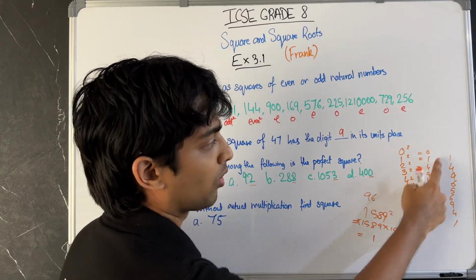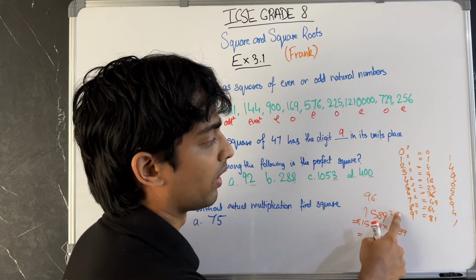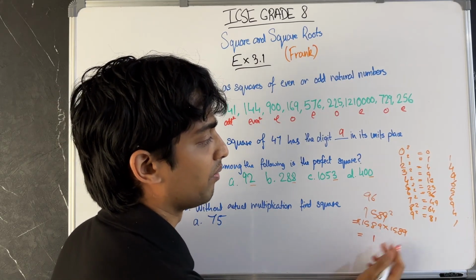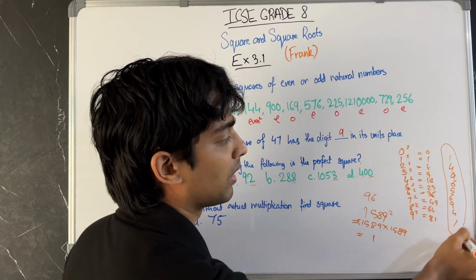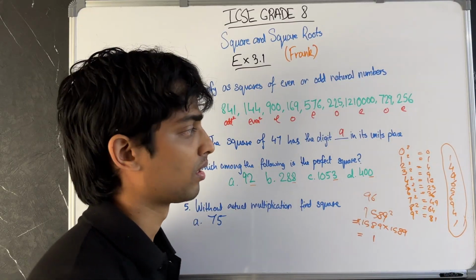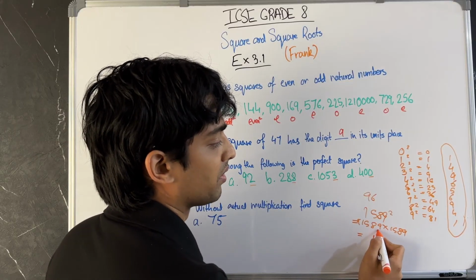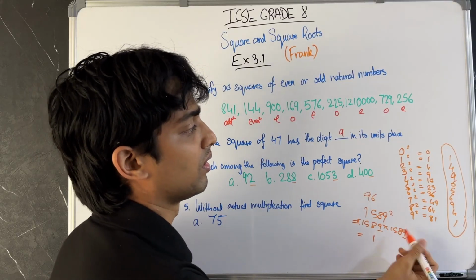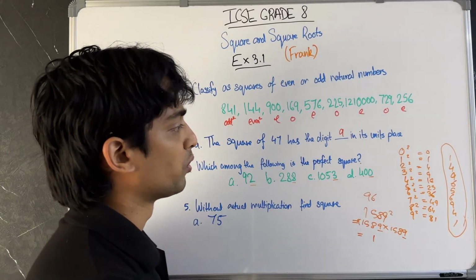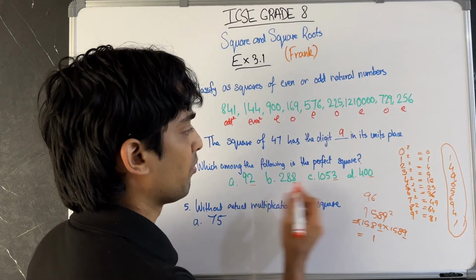So these are all the combinations of one digit square. So the last digit, when we multiply any number by itself, we'll get from this only. There cannot be any other number. So we just have to check if it's something else.